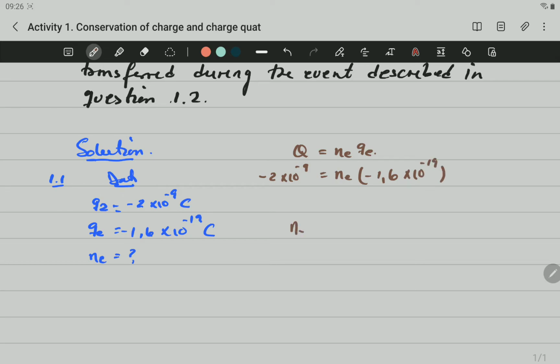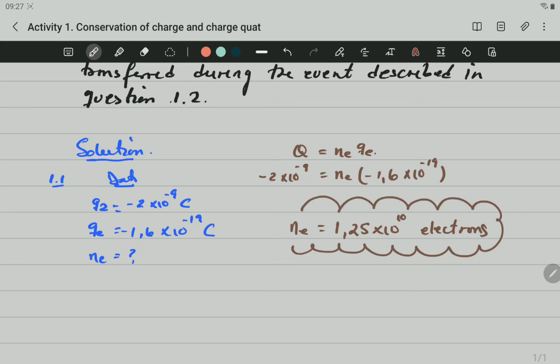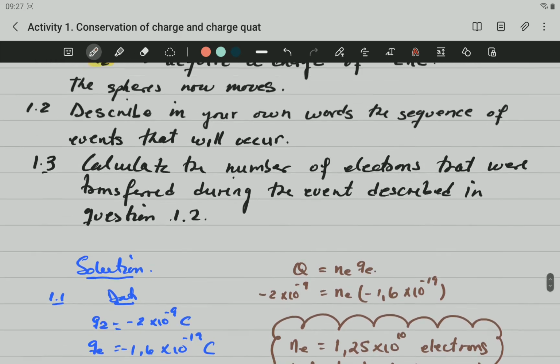So the number of electrons is equal to 1.25 times 10 to the 10 electrons. This is the number of electrons that the sphere has in excess. Okay, so that is question 1.1.